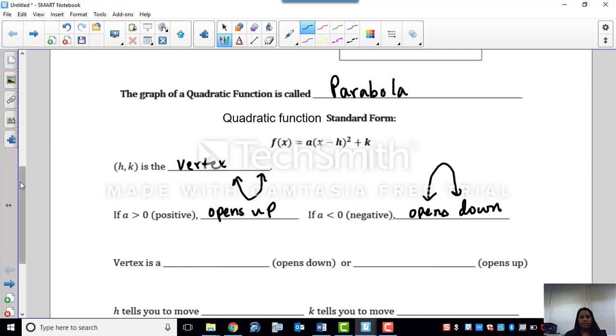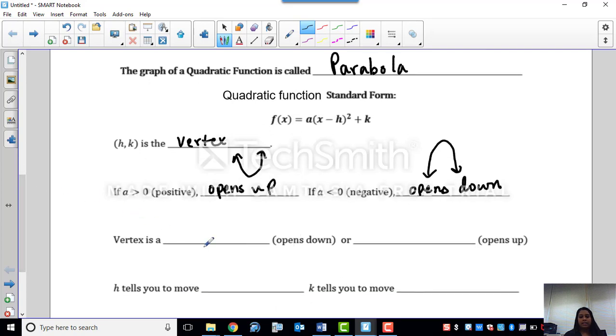If it opens down, the vertex is a maximum point. If it opens up, the vertex is a minimum point.